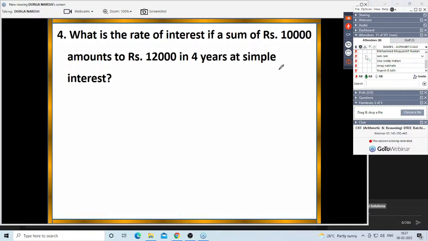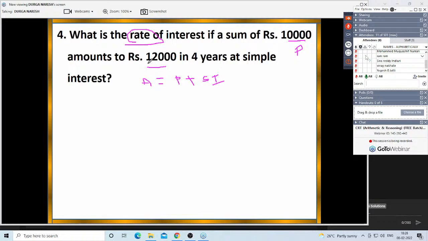Here we have to find the rate of interest. R value is required. A sum of 10,000 is the principal value. 10,000 amounts to 12,000, nothing but the total amount is 12,000. As we know, amount is nothing but principal plus interest. Did you remember? 10,000 becomes 12,000, nothing but if I give 10,000 to you, you have to return 12,000 to me including interest.